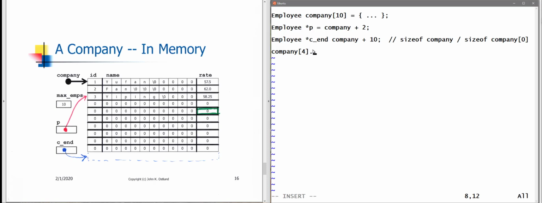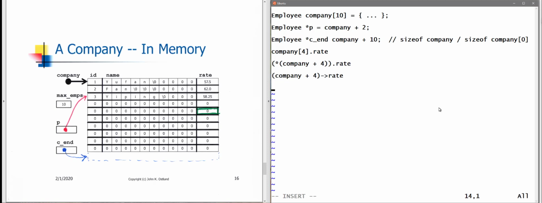And then dot rate is how I can access the rate component. Or I can say star of company plus 4 dot rate. Or I can say company plus 4 arrow rate. Those are all equivalent notations, and then I can do similar gymnastics with P and with C end.